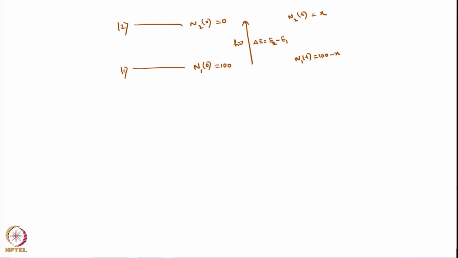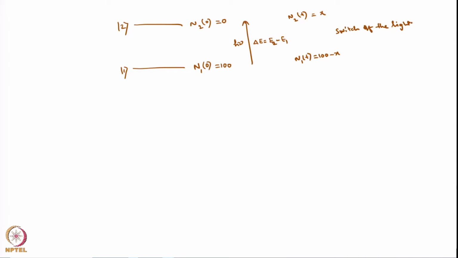Now you switch off the light. Of course the molecules will not be able to stay in N2 forever, because thermodynamically N1 is the most stable state. So the molecules must return to the N1 state.